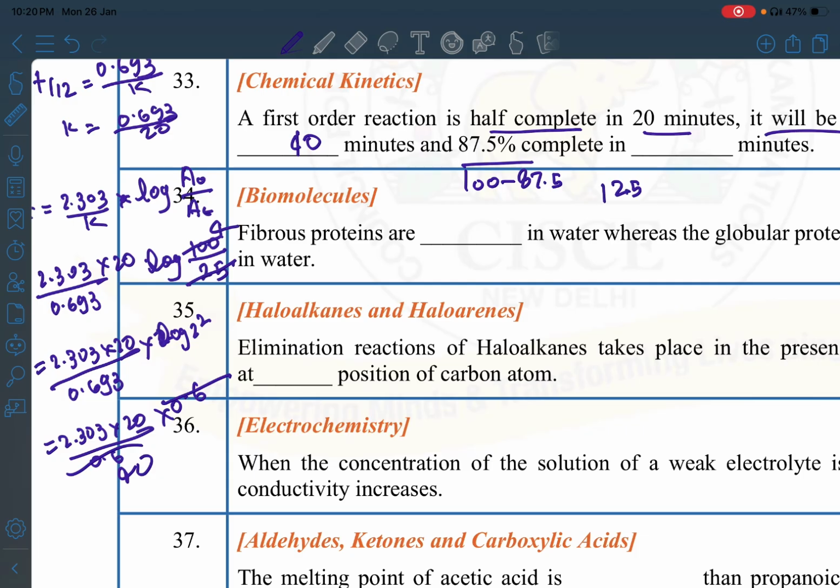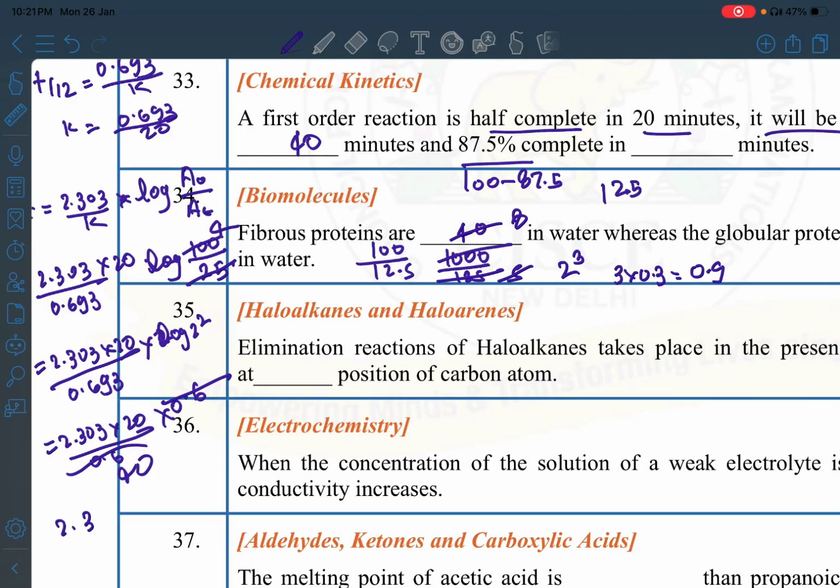So it will be log 100 by 12.5, which is actually 1000 by 125, which is 8. So it will be 2 to the power 3. So 3 into 0.3 becomes 0.9. So the value is 0.9.